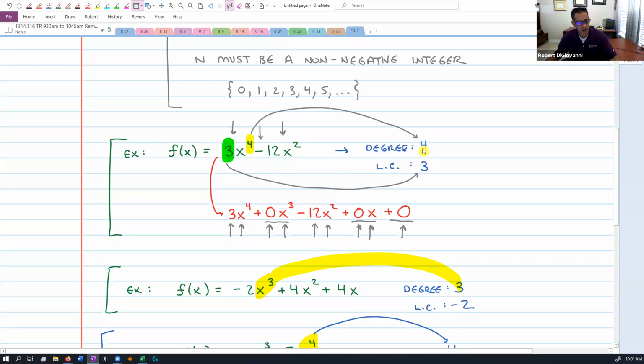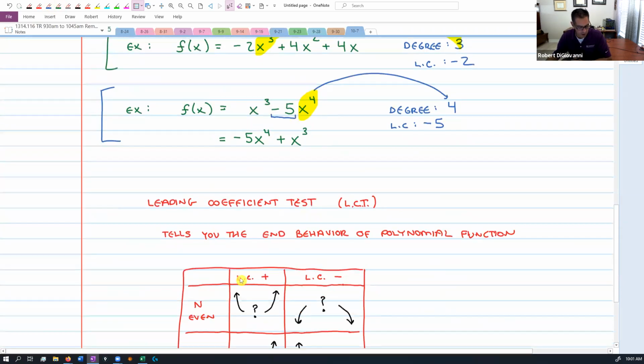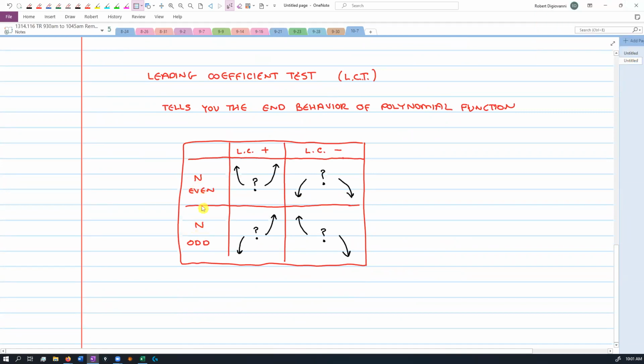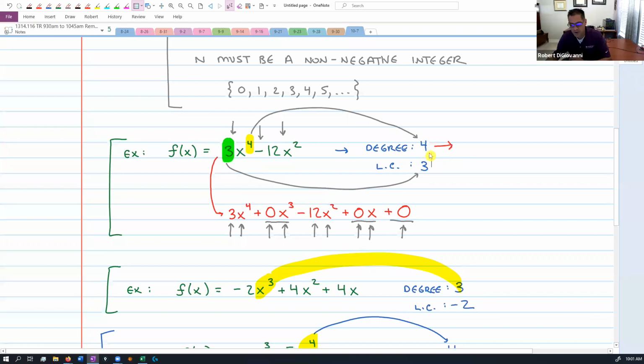The degree here is what? What are we looking for? When it comes to degree, we're looking for whether or not it's even or odd. So here, 4 is even, right? The even numbers are 2, 4, 6, 8, 10, 12, 14, 16. The odds are all the other ones: 1, 3, 5, 7, 9.